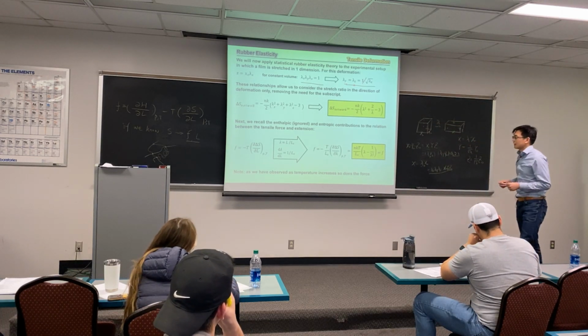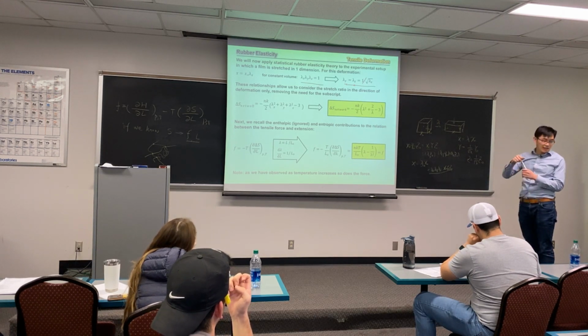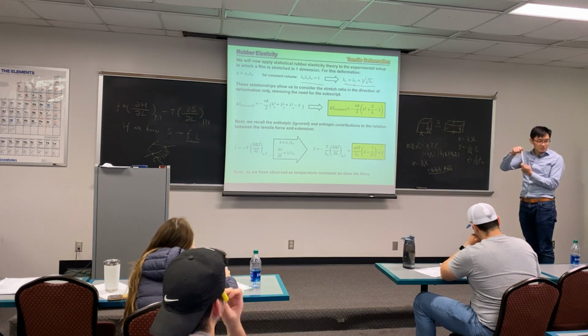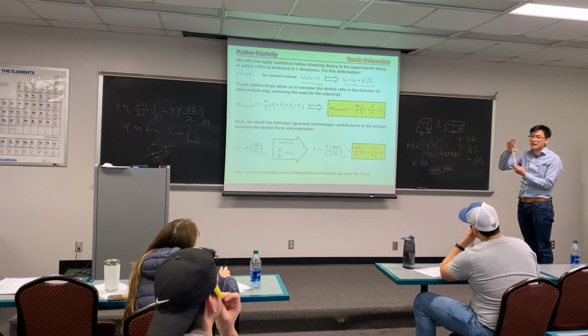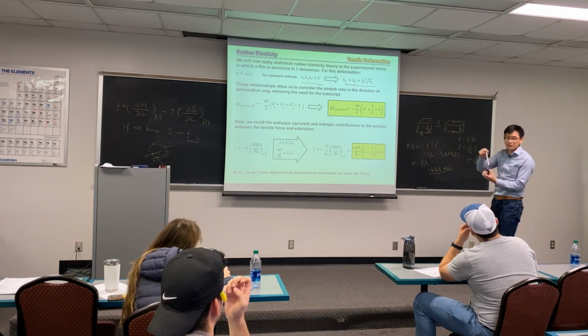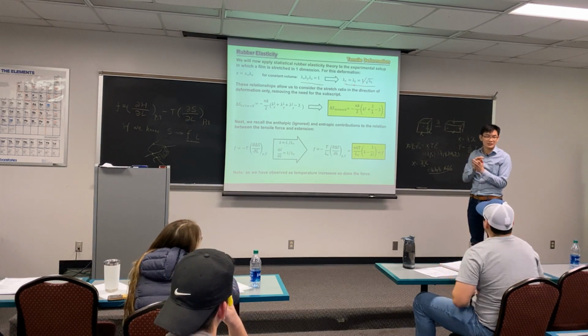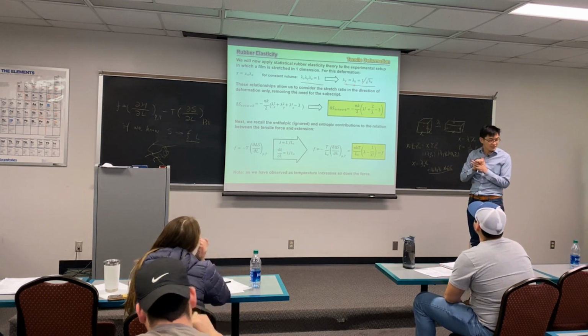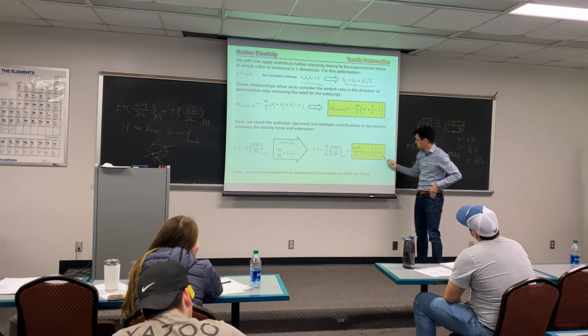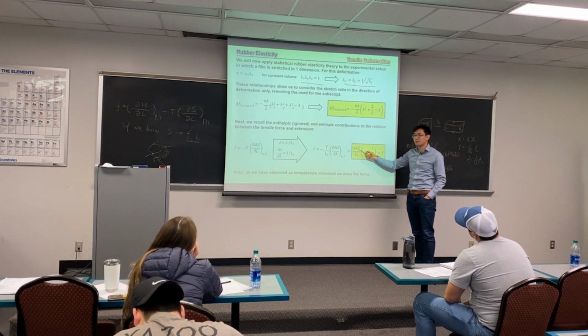And now you can understand, when we hang something on a rubber band string versus a metal wire, if we increase the temperature, how does the force change? The force would increase. As predicted here, force is proportional to temperature.